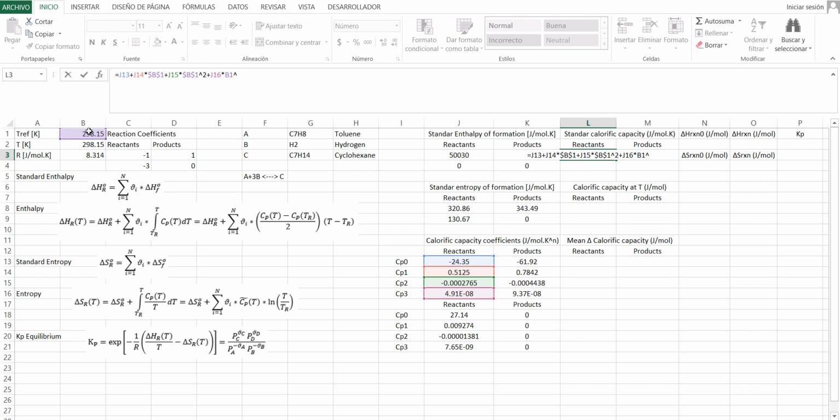So we can see here this would be the standard calorific capacity at 298.15 Kelvin for toluene.